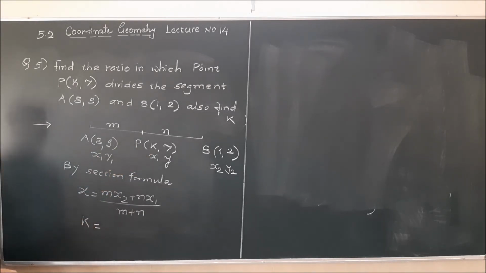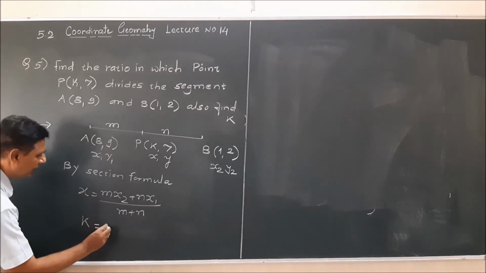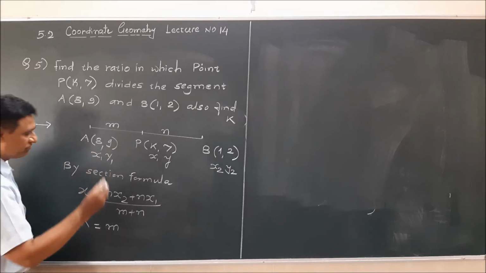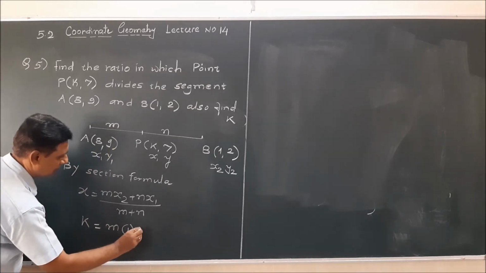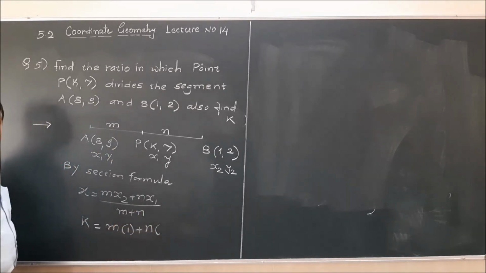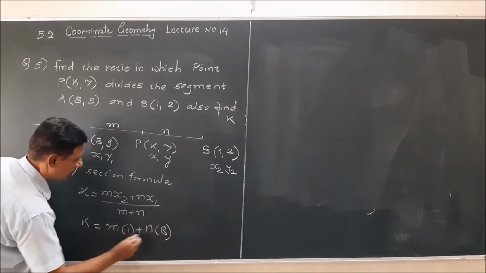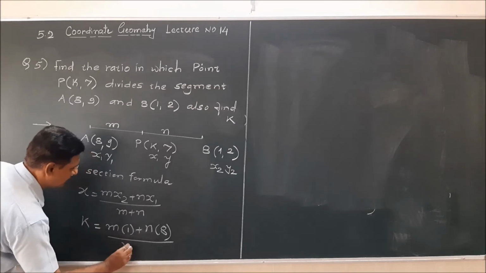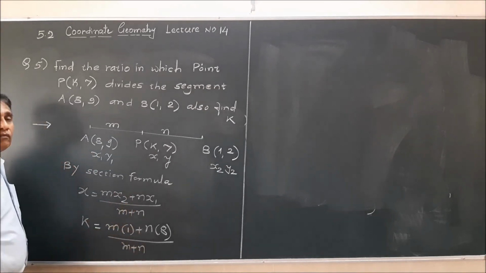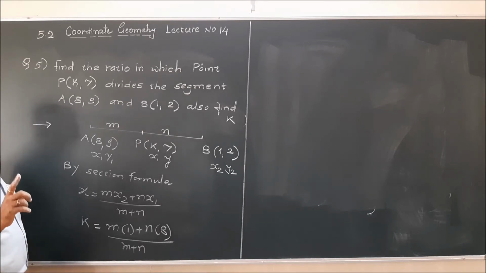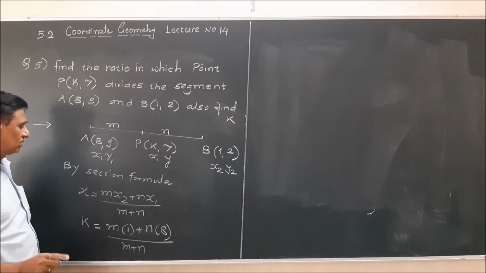Value of x is k. That is equal to mx2. We don't know m at all. x2 is 1, plus nx1. Value of x1 is 8, upon m plus n. We don't know the values of m and n. Please try to understand this.